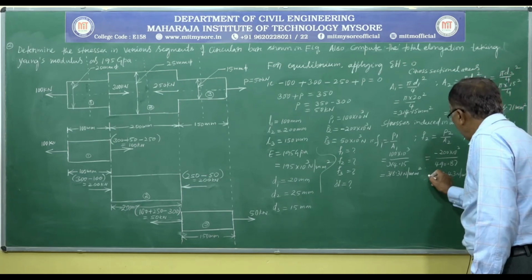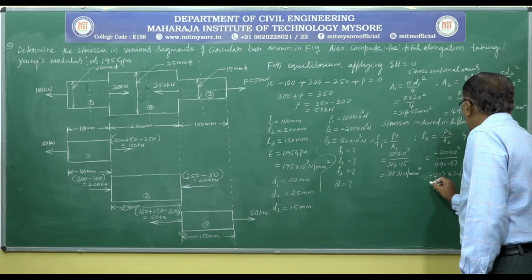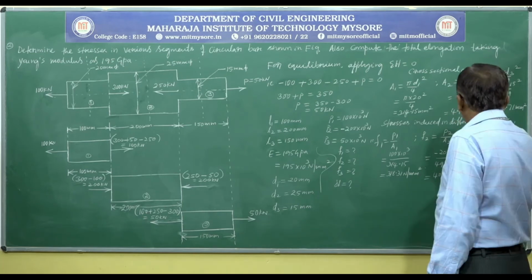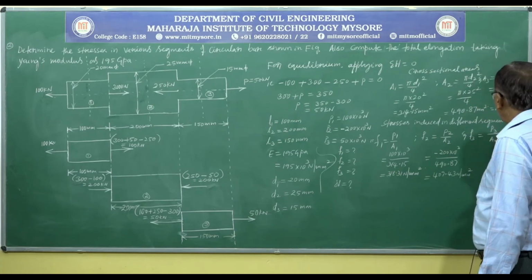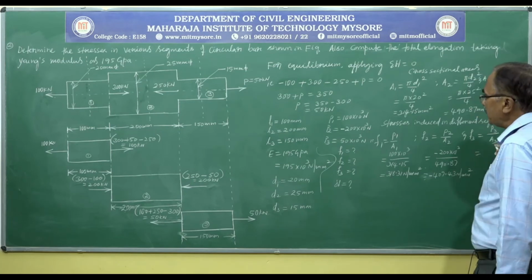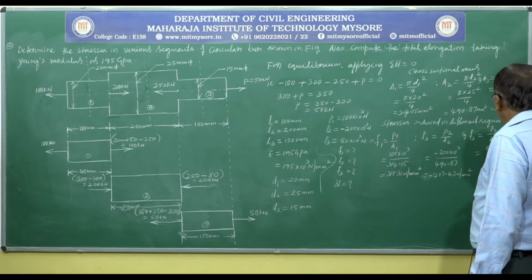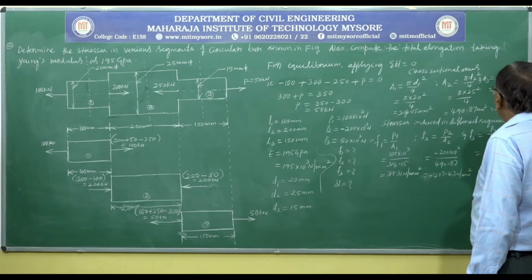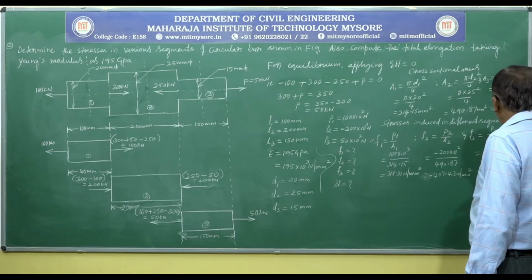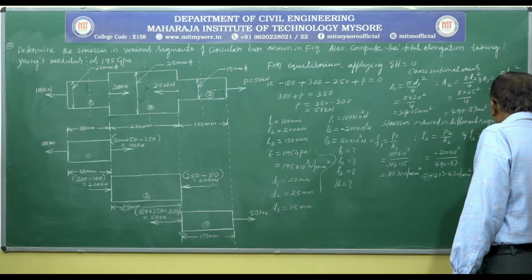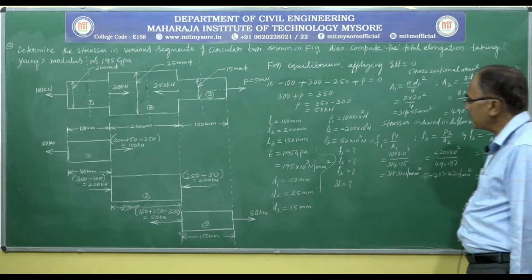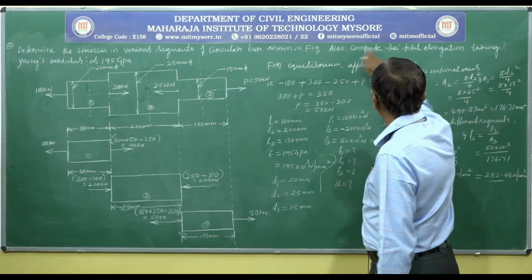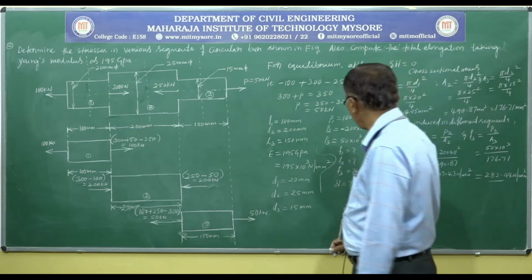We have substituted the negative value of P, so the stress will be negative stress. F3 is equal to P3 divided by A3. P3 is 50 into 10 power 3 divided by A3, 176.71, is equal to 282.94 Newton per millimeter square. Next, it is asked to calculate total elongation.